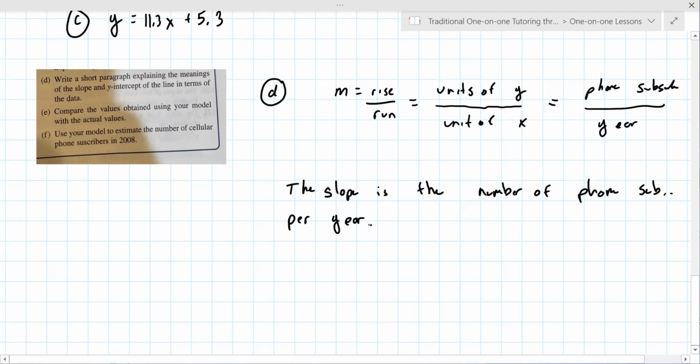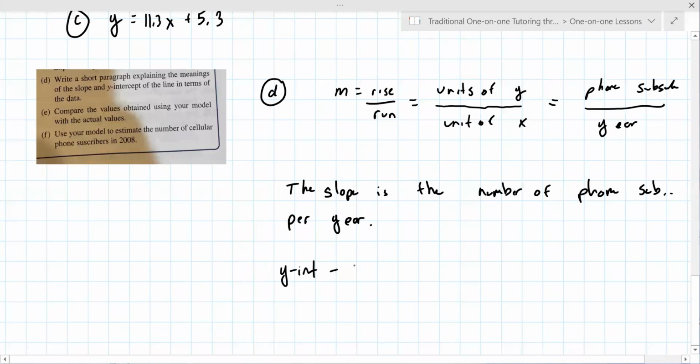Okay, E, oh, now we need to do the Y-intercept. So the Y-intercept is the starting value. It's the number of phone subscribers when you started out.